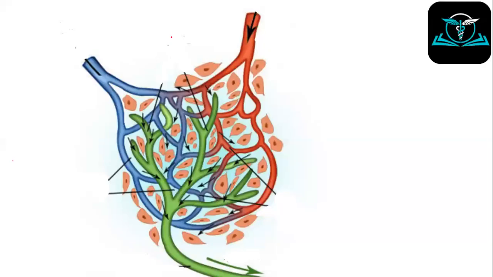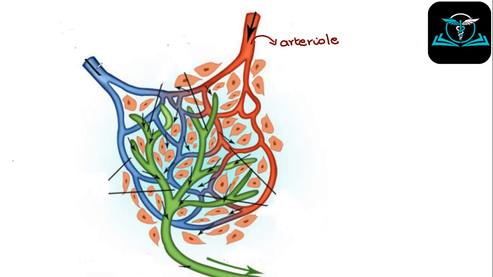Now, as many of us may be aware, the heart supplies various organs of the body through arteries, and the arteries would branch into arterioles. And so here is an arteriole, represented in red. After the artery system has supplied the organ, the blood would move out of the organ through veins.